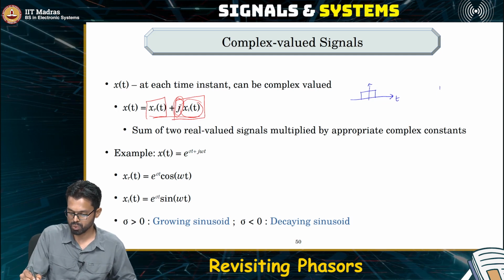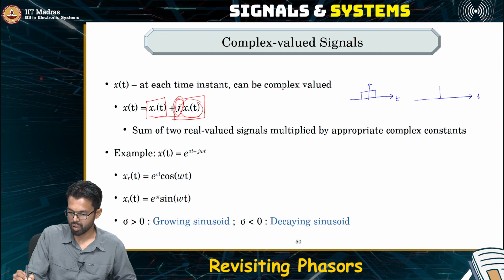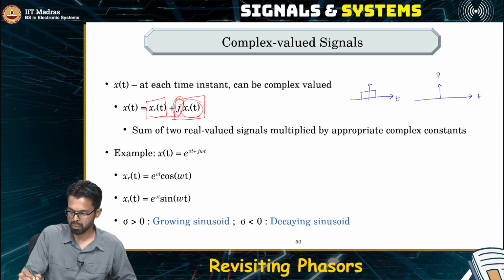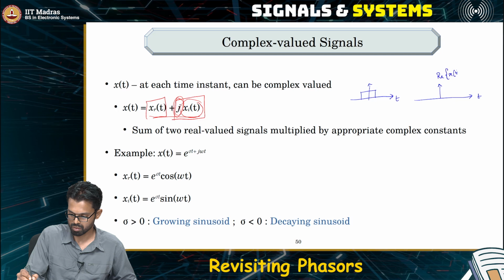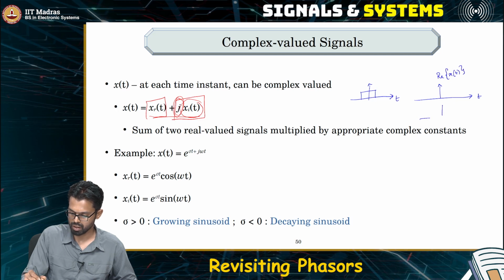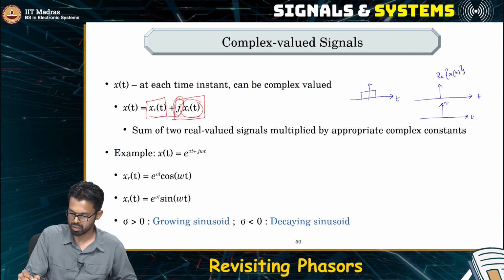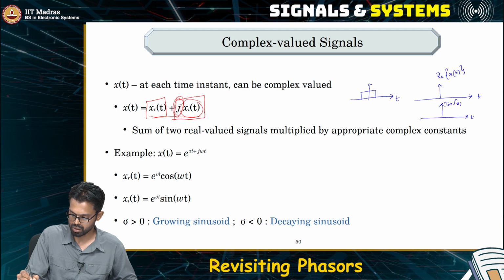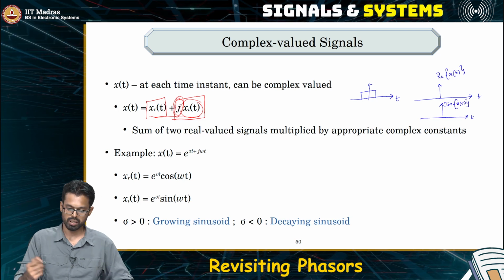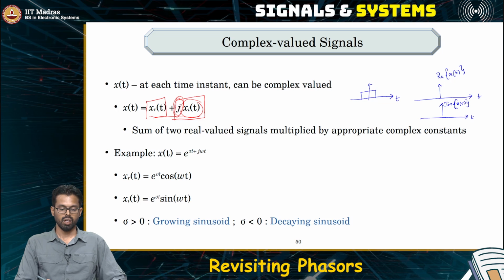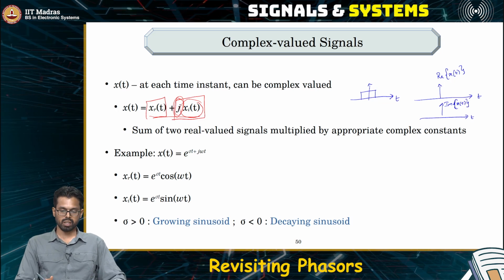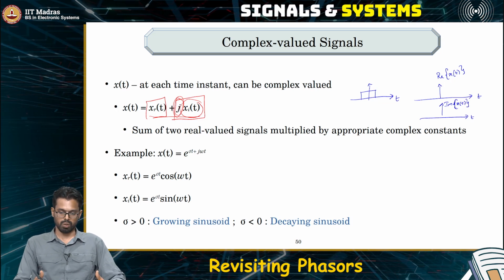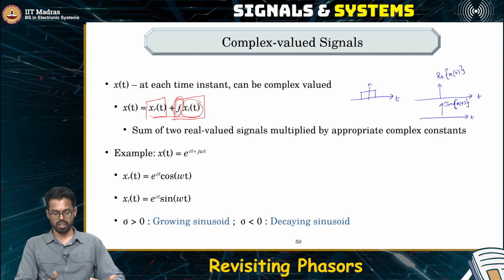One way is to plot the real part separately and the imaginary part separately. So in order to visualize a complex valued signal, you will need two plots. One is the real part and the other is the imaginary part.